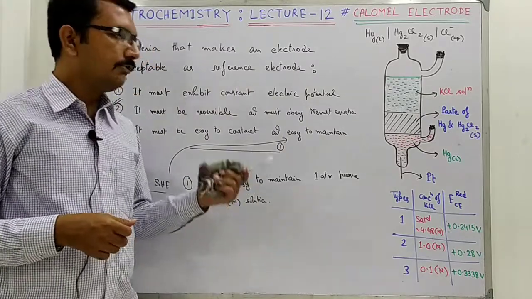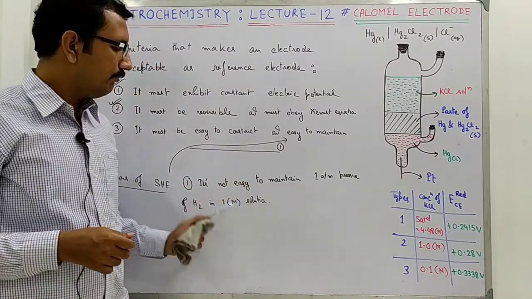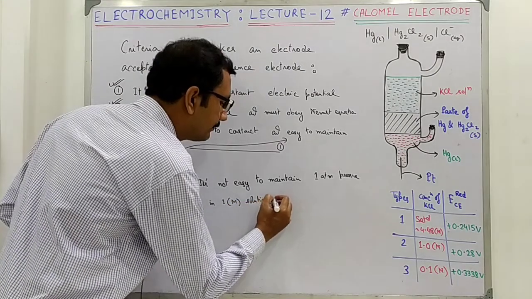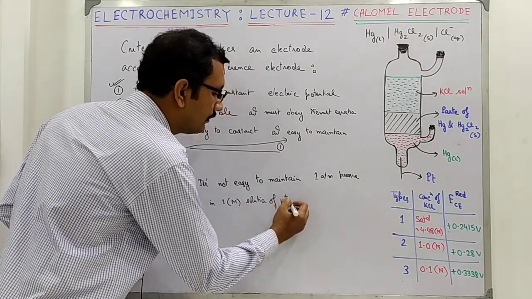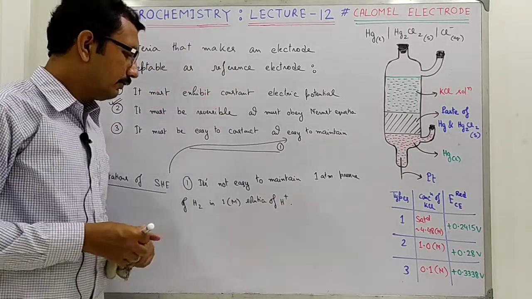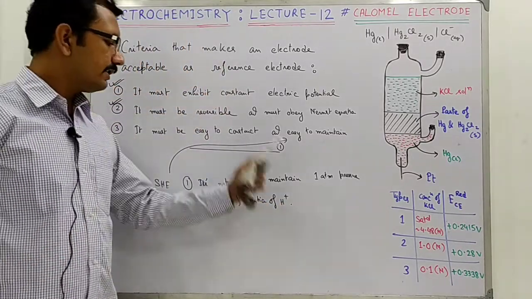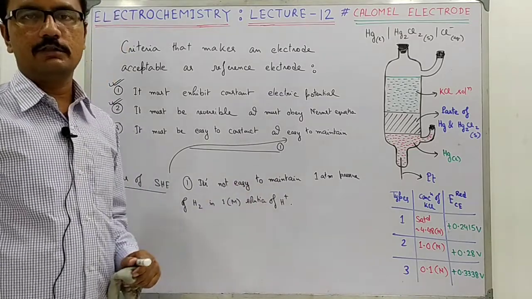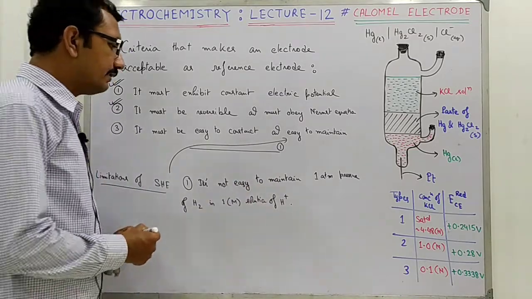So, you have to maintain 1 atm pressure of hydrogen in a 1 molar solution of H plus. So, it is not easy to maintain the pressure of this gas and the concentration of H plus ions. This is one problem, maintenance is not easy.